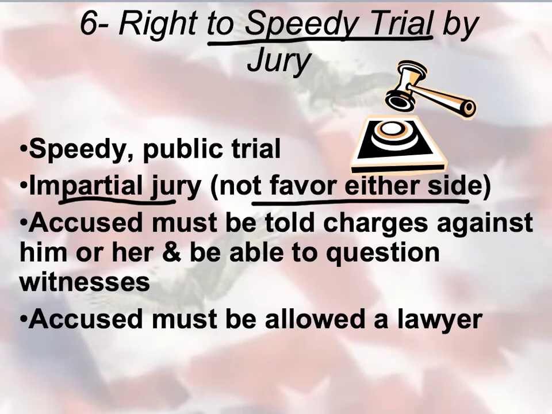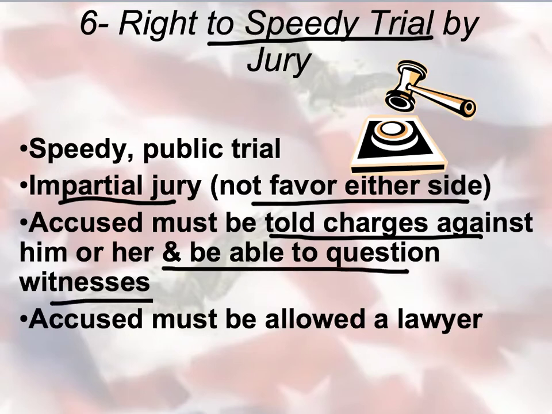The accused must be told of charges against them, and the accused person must be able to question witnesses. In other words, you must be told what you're being accused of, and you have the right to question witnesses that are going to testify against you. More often than not, that's going to be your lawyer who is going to question the witnesses. All right?